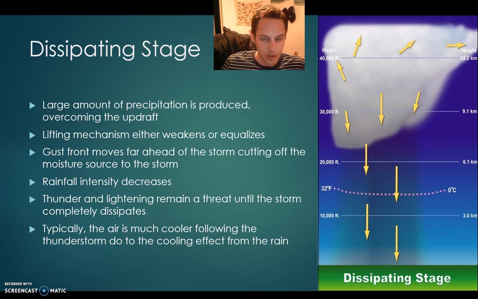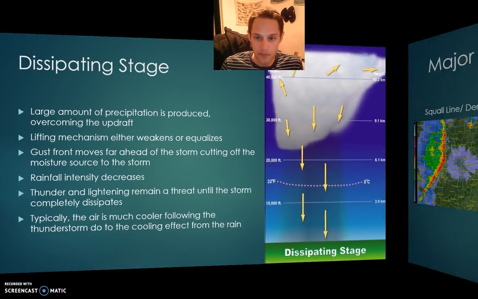And when the storm has no moisture, it can't rise anymore. So rainfall intensity usually decreases in this stage. You still could have thunder and lightning, but usually it's not as intense as it was during the mature stage. Also, once these storms pass, the air is much cooler than it was before because the rain cools off the air.